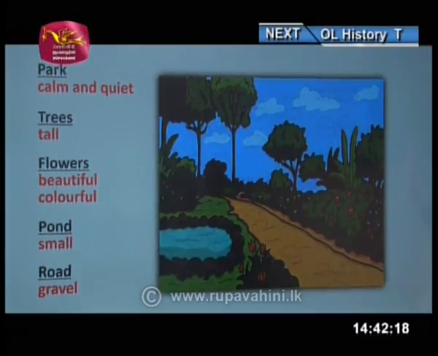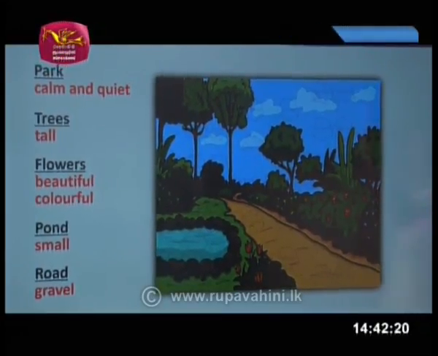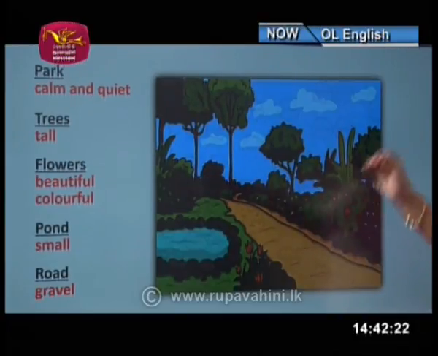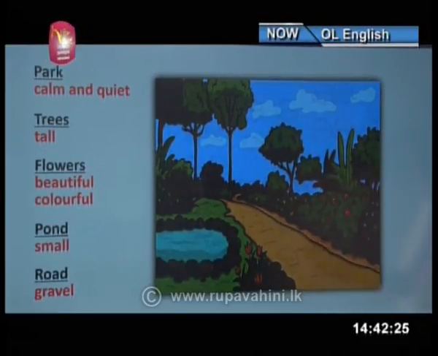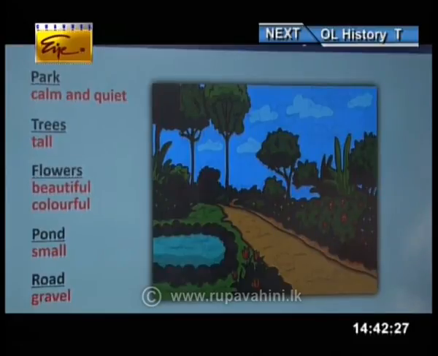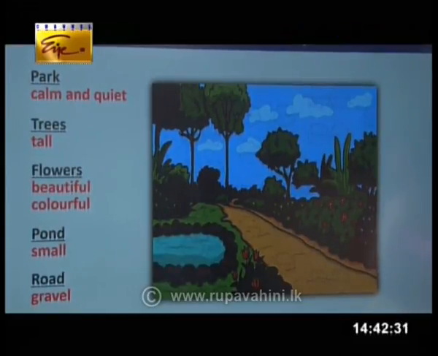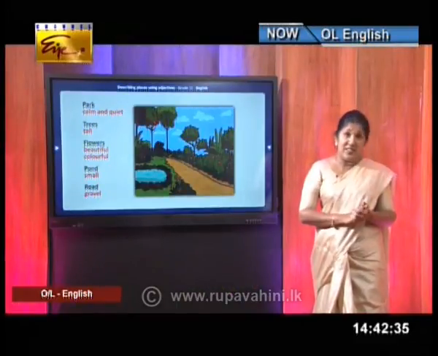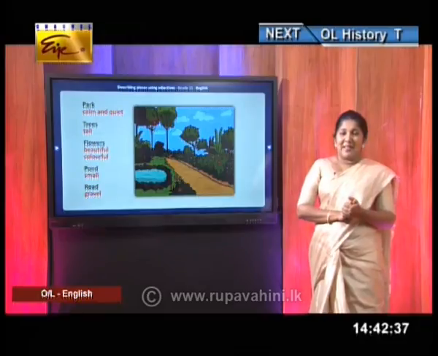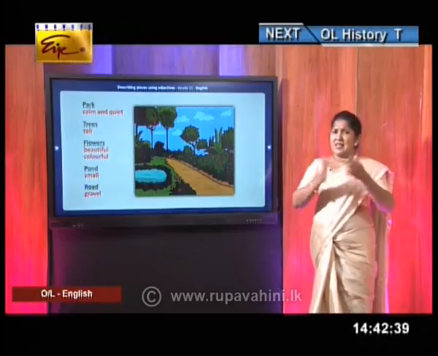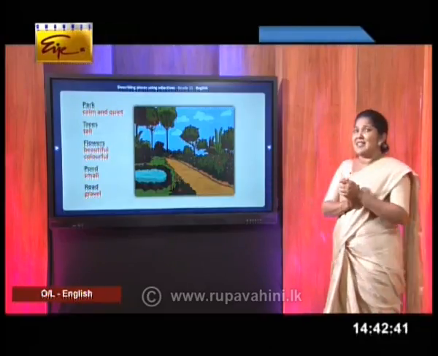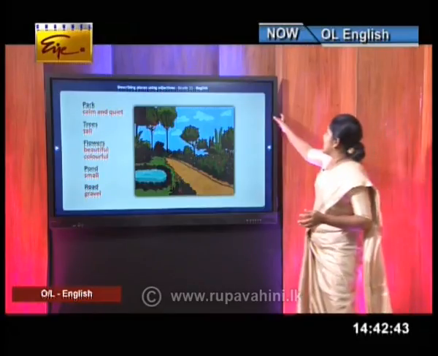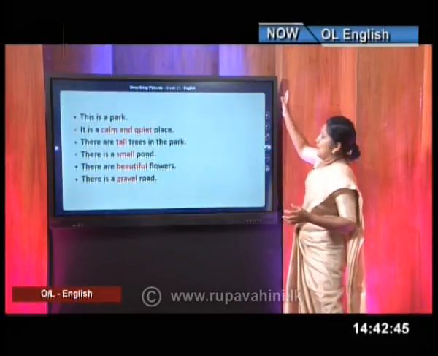So, now we have the picture here and we have the nouns and we also have the adjectives which are most relevant to the nouns. And now let's see how we are going to construct our sentences. Maybe I can give you some time to think about the answers. Let's go to the next slide.